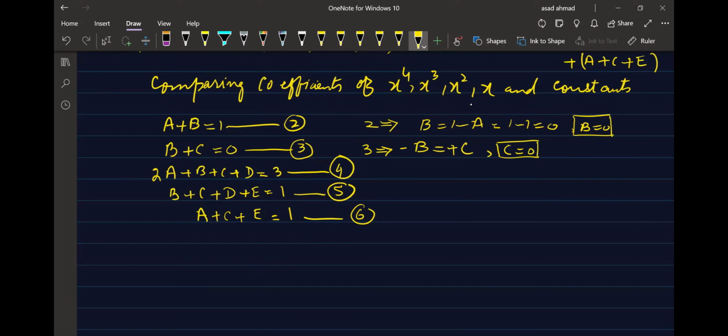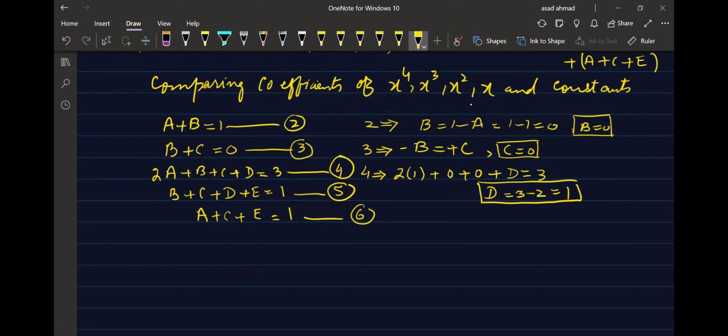Now if we use equation number 4, a is equals to 1, we have already calculated. B, C both are 0, we have calculated. And D is required to be calculated. So D will be actually 3 minus 2. This is equals to 1.